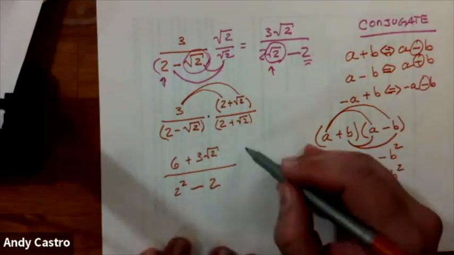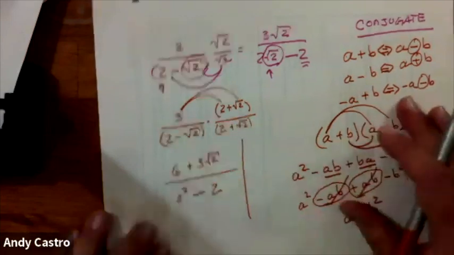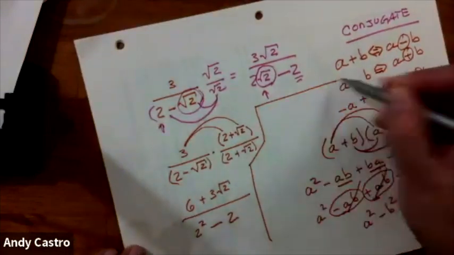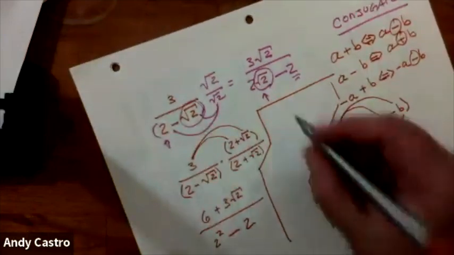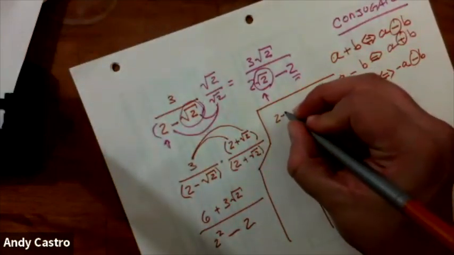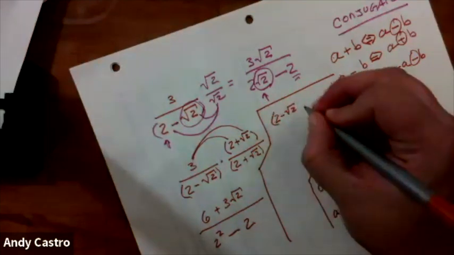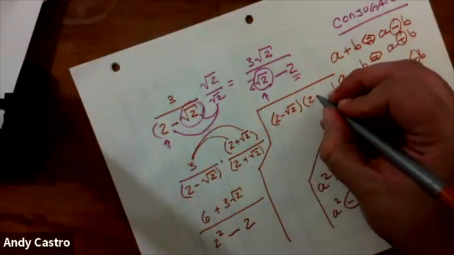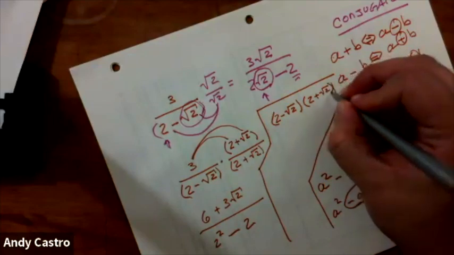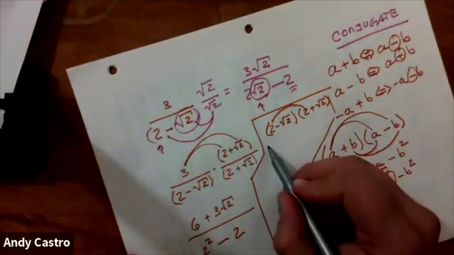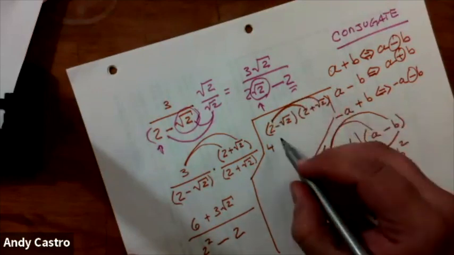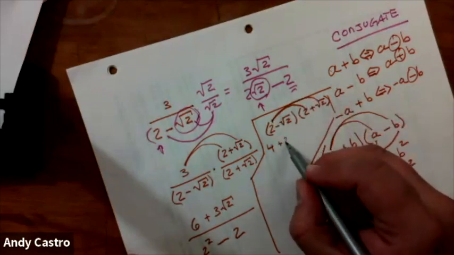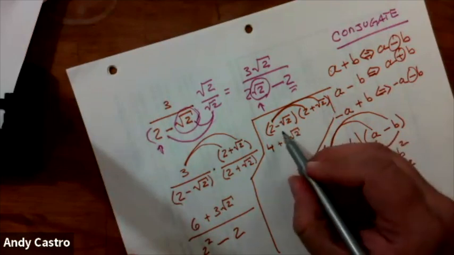Now, let's go ahead and prove that to ourselves, okay? Because your brain needs to see why that is the case. So let's do 2 minus the square root of 2 times 2 plus the square root of 2. 2 times 2 is 4. 2 times the square root of 2 plus 2 times the square root of 2.